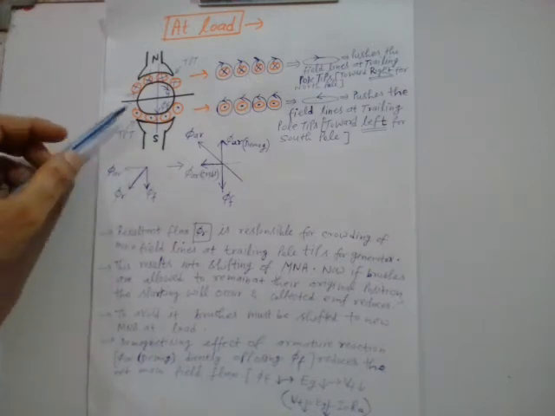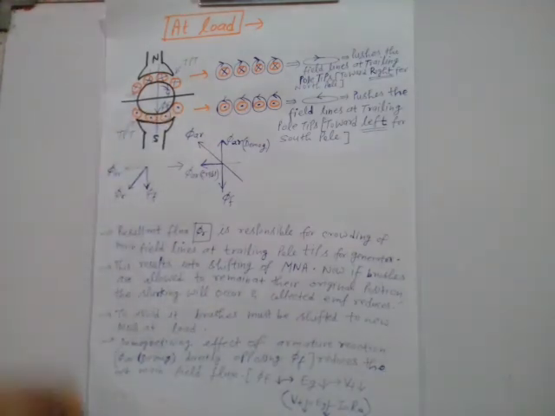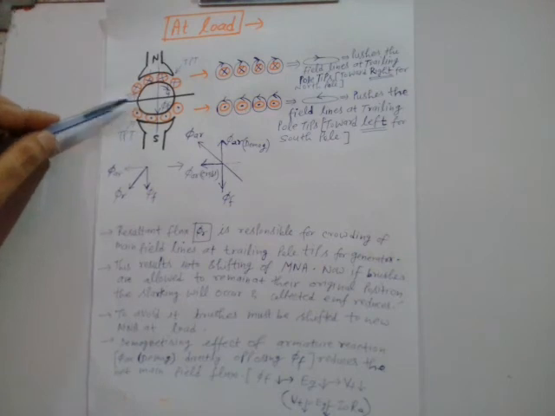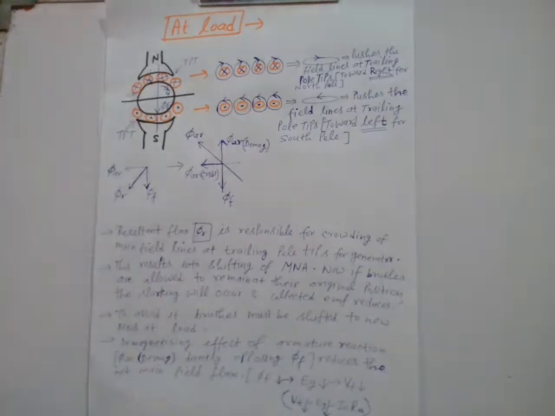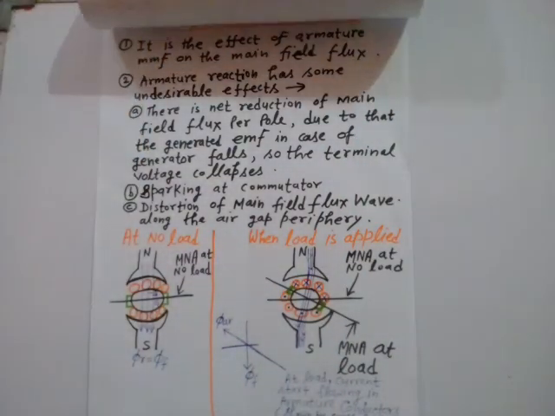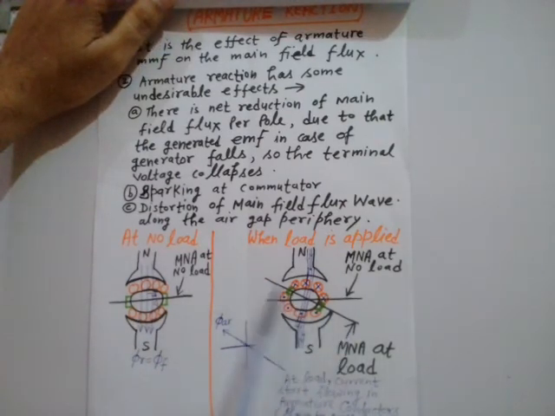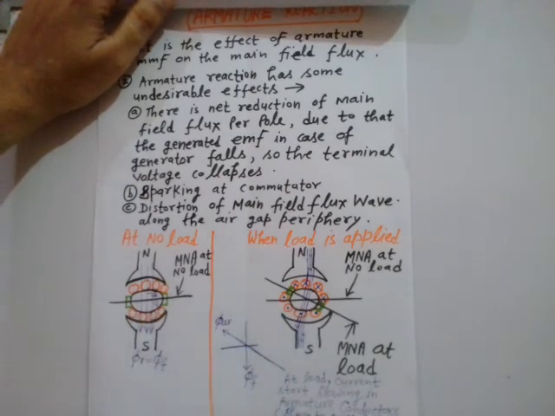Because the coil will be having some induced EMF, and during the time of commutation, when they cross this MNA, then during the time of short circuit they will give sparking. So that's why you must shift these brushes along the direction of the new MNA. If you do not shift these brushes, then definitely the sparking will take place, right?